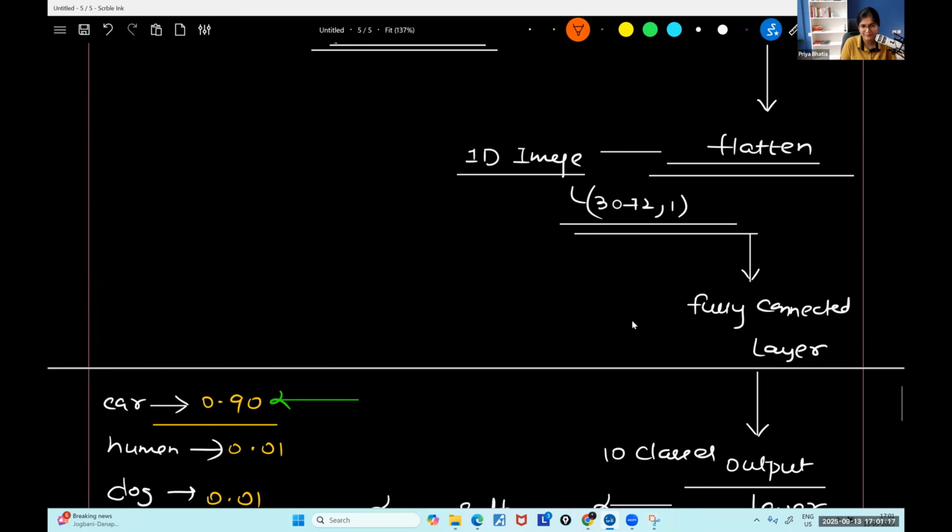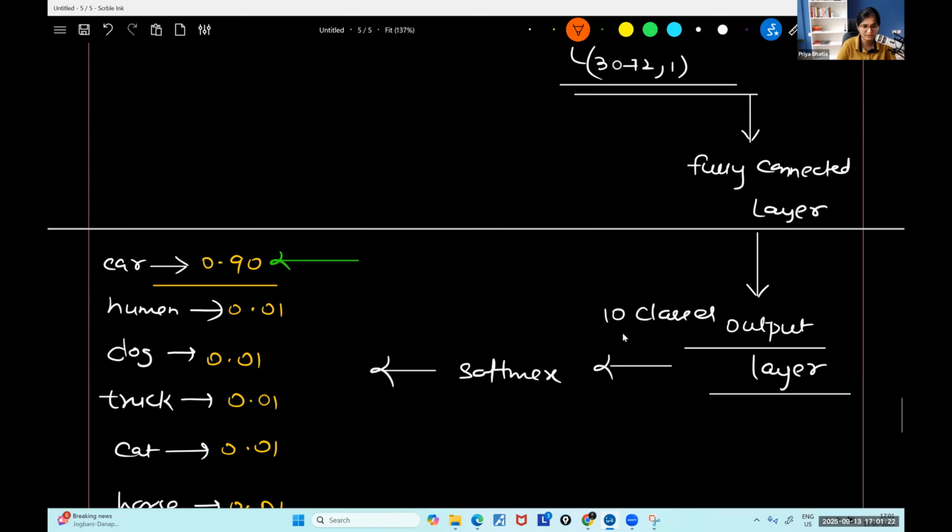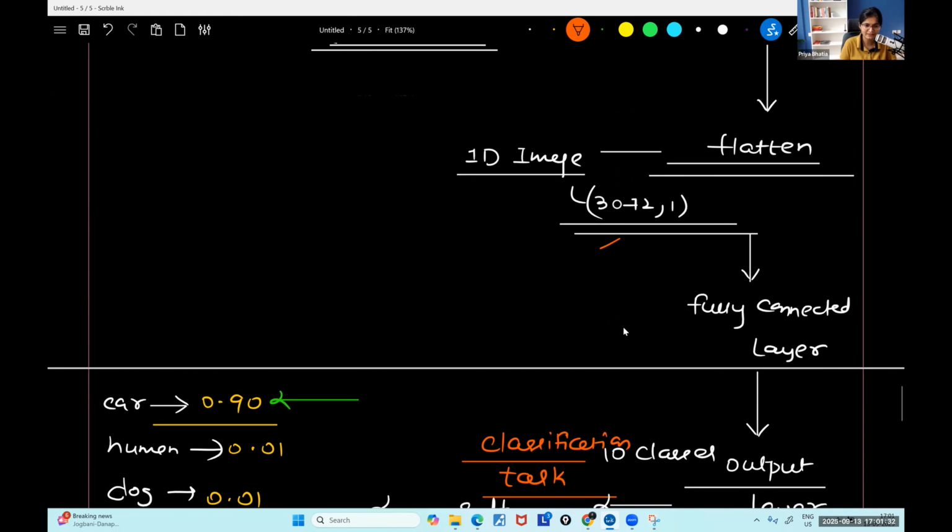There are two things which will happen after this flattening layer. One is this fully connected layer, which helps the model do the classification task. The second thing which will happen after this flattening layer is, any guesses? Any guesses for this? Anyone?